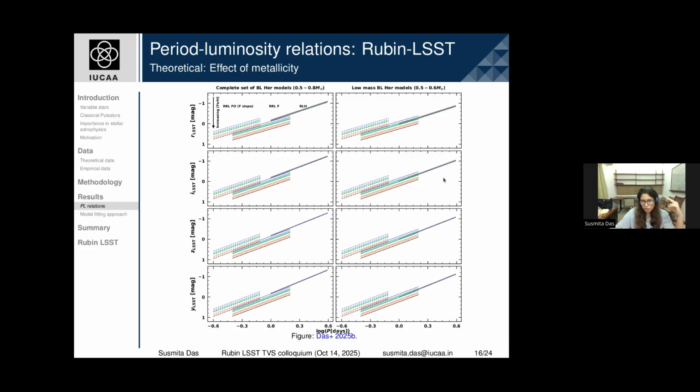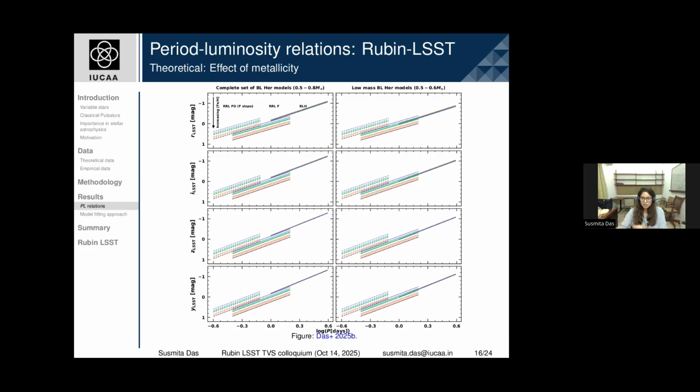So there are two very important results from this particular plot. First, when we study BL Hers, you see that there is no split in the lines. If there is no split in the lines, it means that there is a negligible effect of metallicity. Because when you look at the RR Lyrae counterparts, you can see that the exact same metallicities follow different PL relations. So it is very clear that BL Her stars, as opposed to RR Lyrae, exhibit a negligible effect of metallicity on the PL relation.